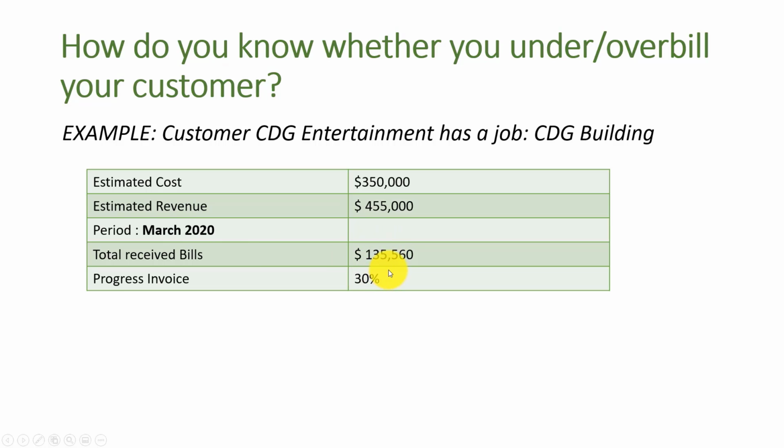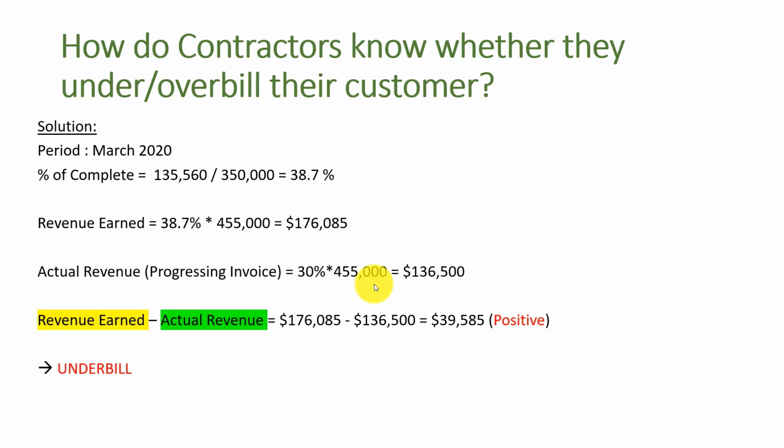The total bill that we received is roughly $135K, and we agreed that we're going to progress invoice for this period at 30%. Okay, so using our calculation, we're going to get the percentage of completion. We take 135, the actual cost, over the estimated cost to come up with this percentage.